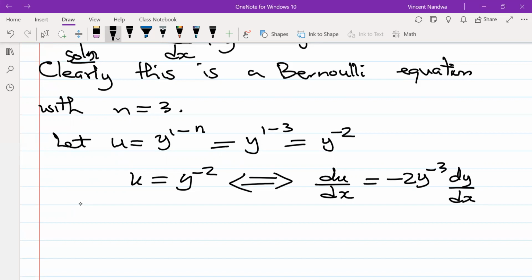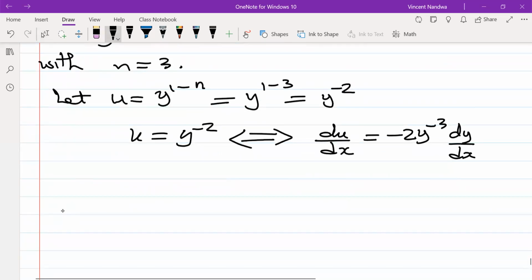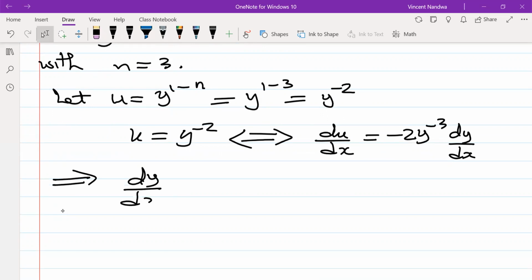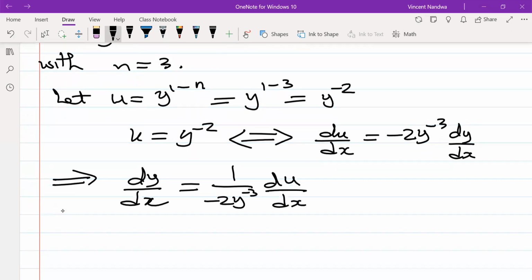From which dy/dx will be given by 1 over minus 2 y to the power minus 3 du/dx. I'm simply dividing both sides by minus 2 y to the power minus 3.